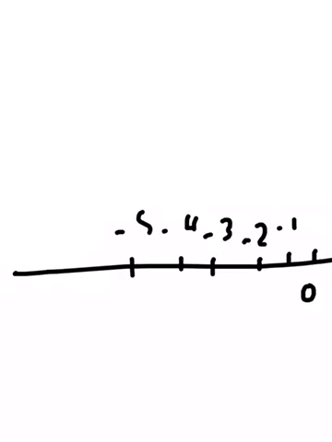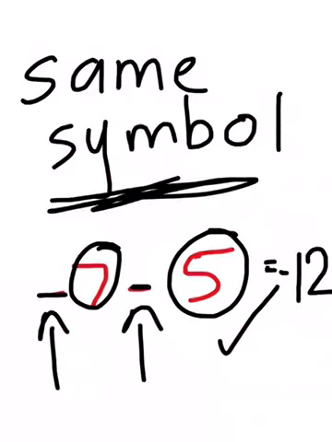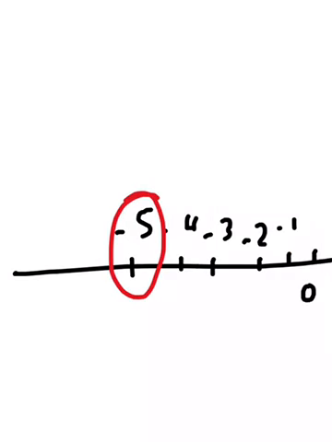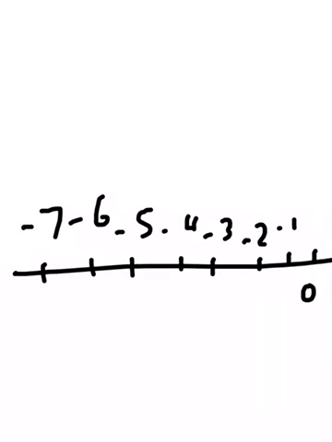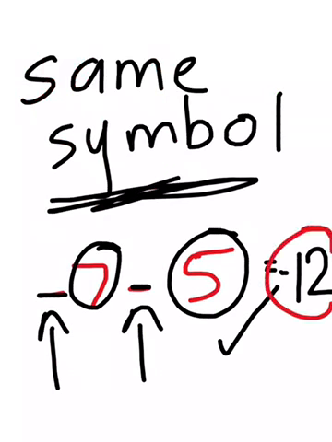Let's say we have 0 down here, -1, -2, -3, etc. So if we start at -7 and we subtract 5, we notice the numbers are going to get smaller and smaller. So -7 take 5 is -12. So a quicker way of doing it is adding the numbers and keeping the sign.